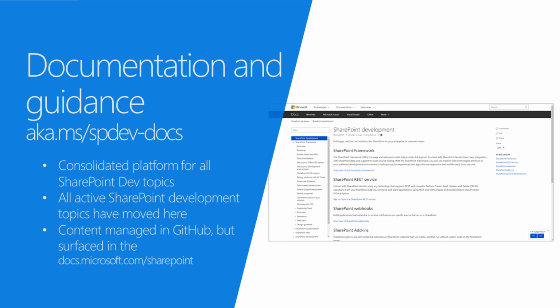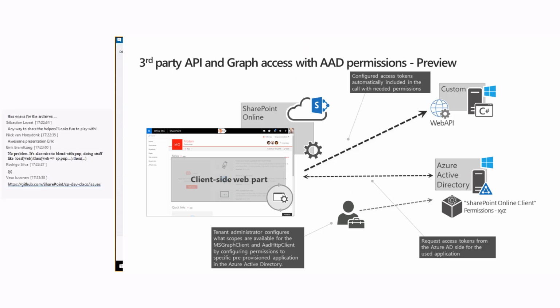If there's anything missing from our documentation, or if something isn't good, please create an issue in the SP Dev Docs issue list so that we know we need to make improvements on the documentation, or also in the SharePoint Framework itself. I've shown that slide quite a few times, but I'll keep doing that in the future as well. Now, I think the most important, interesting topic of today is actually the Graph call.